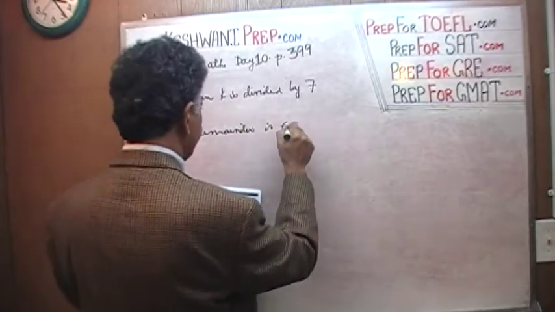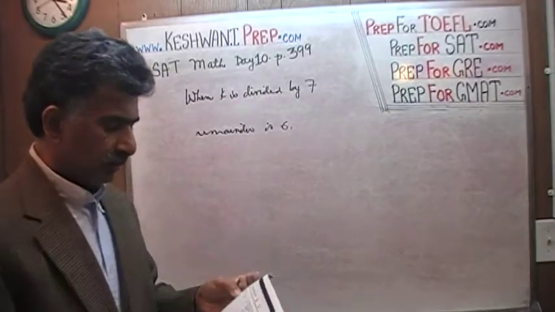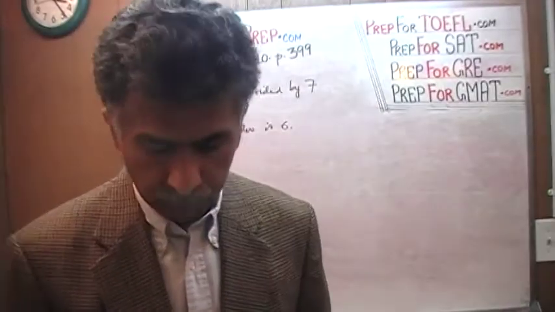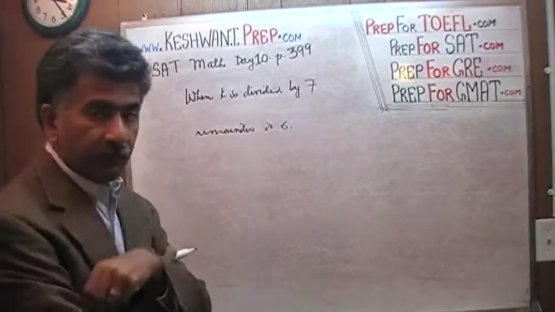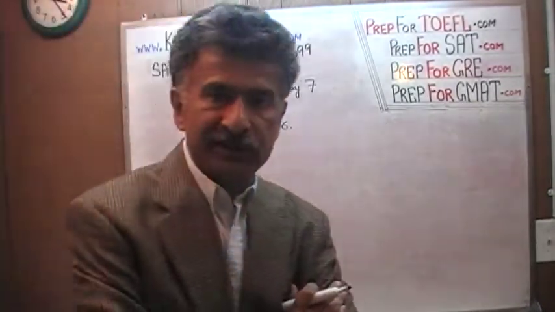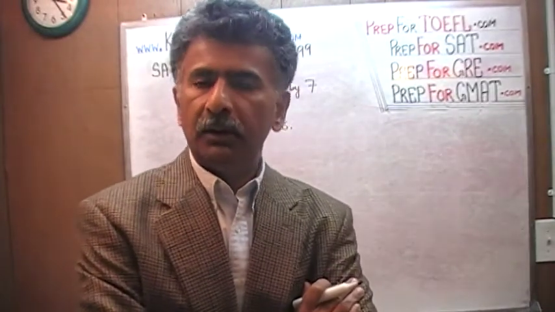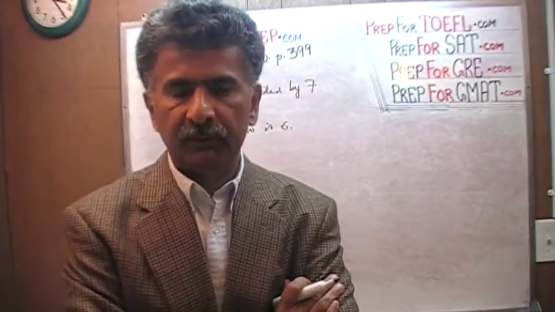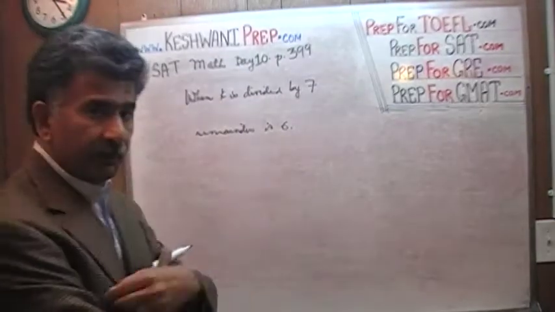The question simply is, what's the remainder when you divide k plus 2 by 7? Now, before we worry about the punchline, let's first talk about a couple of things. What does integer mean? Integer is just a fancy way of saying a whole number. You already know that.